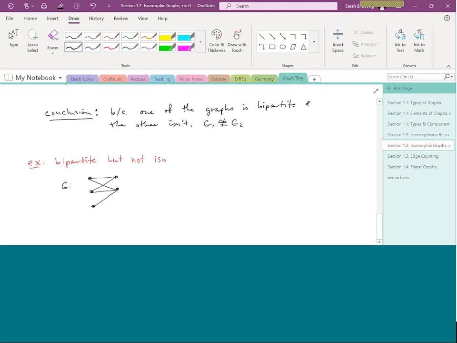First one is, suppose you have this guy. Still bipartite, but notice it doesn't have the right number of vertices and edges, okay? Now, if you actually do have the same number of vertices, you can also have issues. But that's a really easy one to show there.